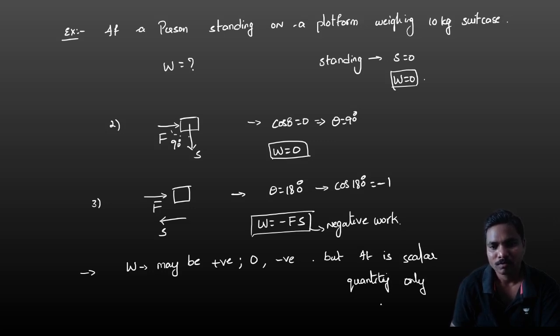Because work is equal to F into S. Now F and S are both vector quantities, and vector into vector is a scalar. So work is a scalar quantity and its unit is joules. Very important. Okay, all of you clear?